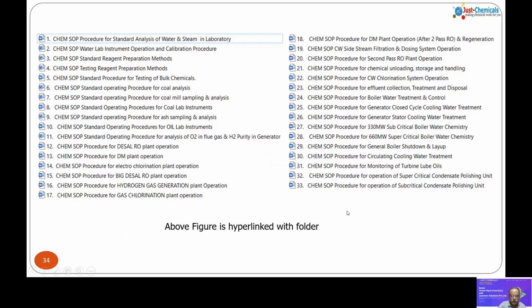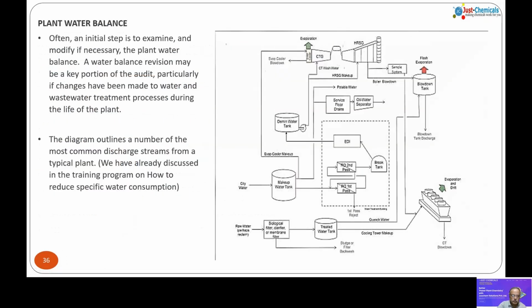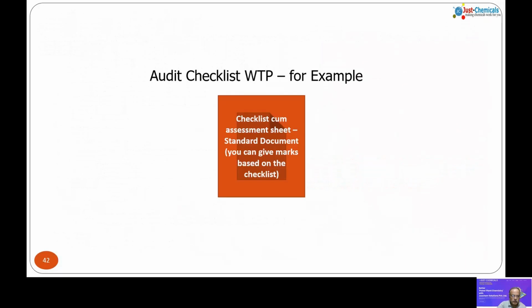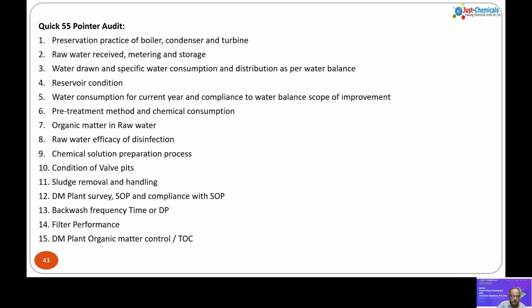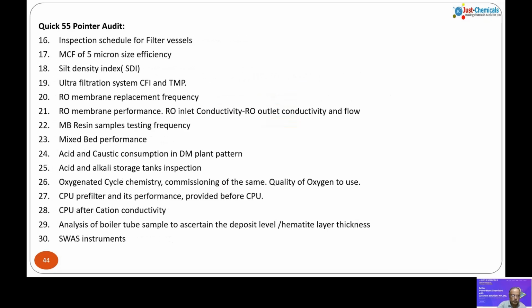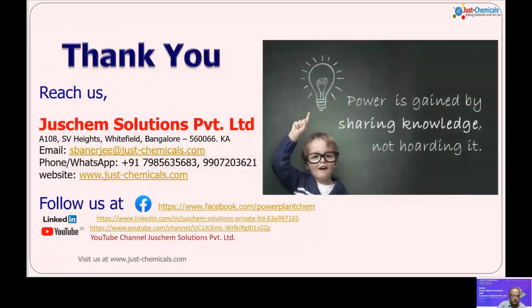One by one, we'll understand what it is and how it is, and then the important audit details, etc. And then we'll have a checklist, for example on WTP, and we'll have quick 55 pointers on audit.